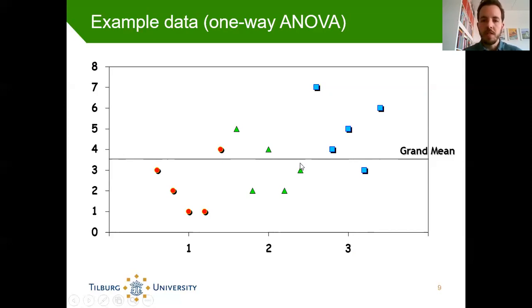What you can also take, and what you can quite easily calculate, is the grand mean, so the grand average score for all the participants together. In this case, if you add up all 15 scores and divide them by 15, you will get a score that's more or less 3.5. That's what we call the grand mean of all the participants together.